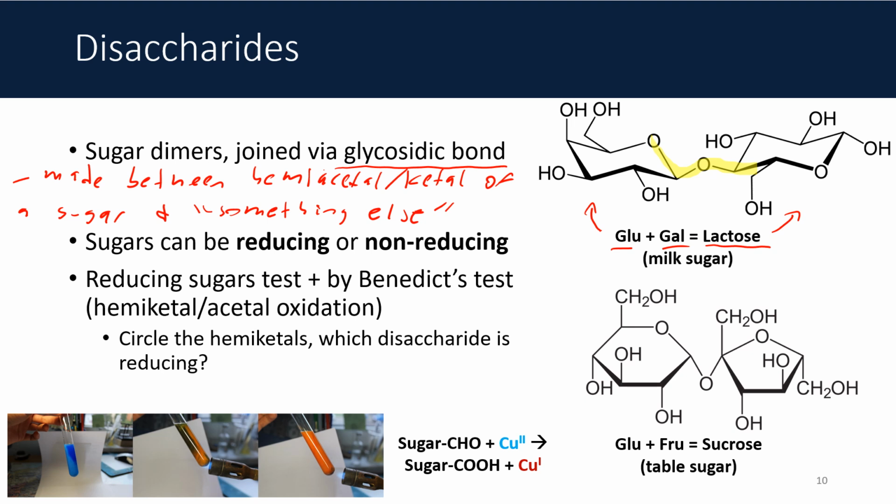Another very common disaccharide is sucrose. This is a disaccharide formed by conjoining glucose again, but with fructose instead of galactose. And it's more apparent here that we're actually conjoining a pyranose sugar because this is a six-membered ring with a furanose, a five-membered ring.